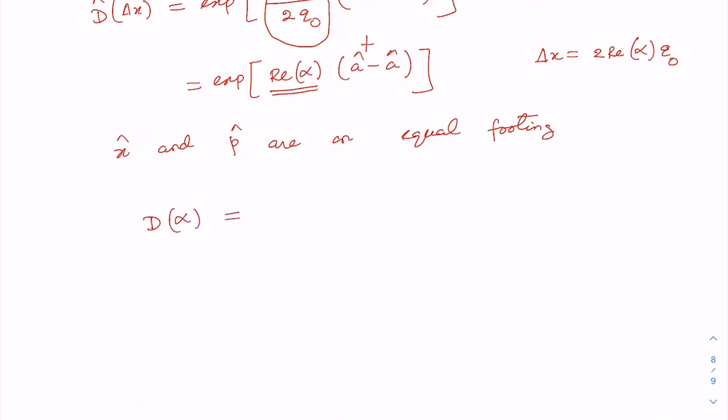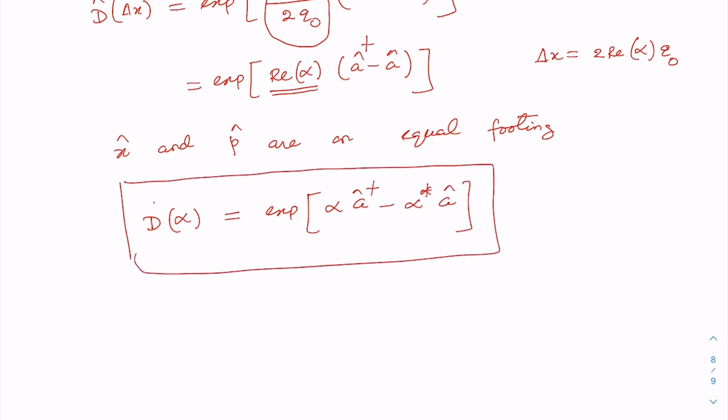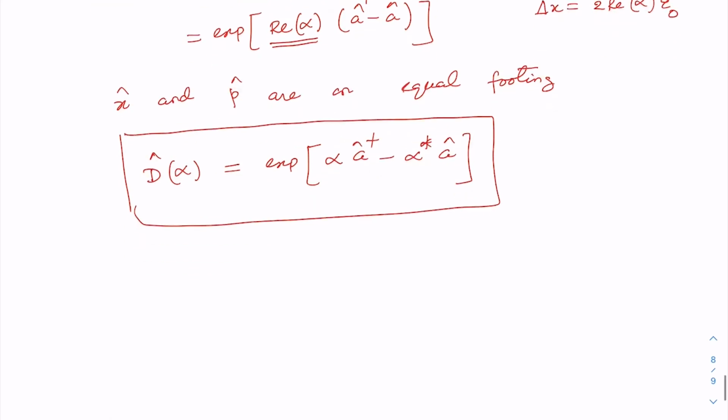The expression would be D(α) is equal to exponential of α a† minus α* a. So this is the definition of the so-called displacement operator, where alpha is an arbitrary complex number.